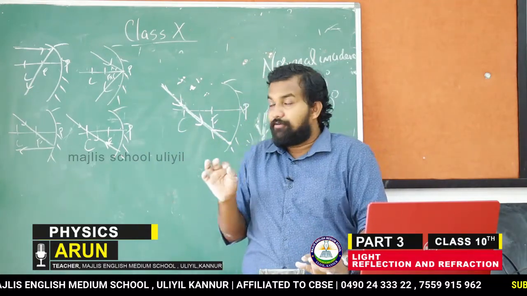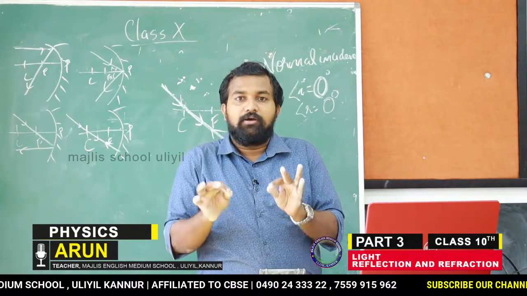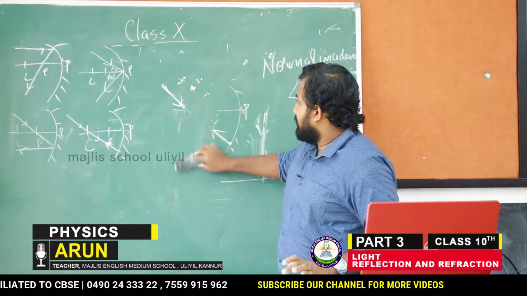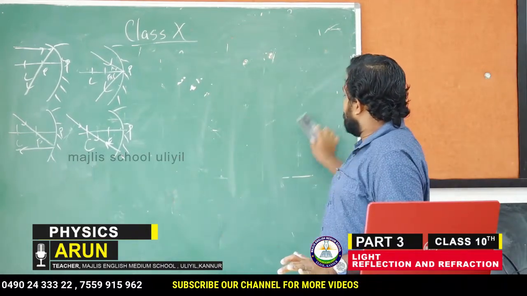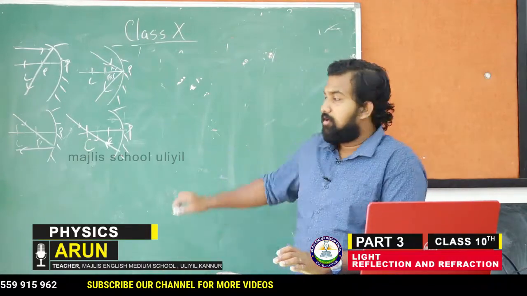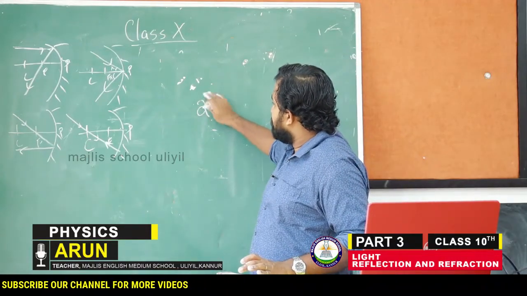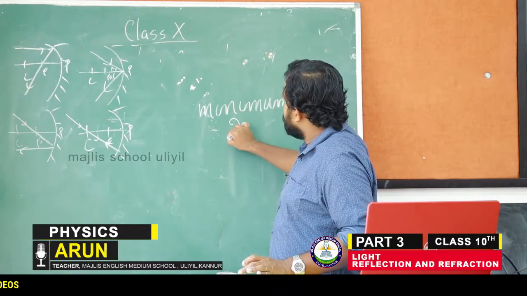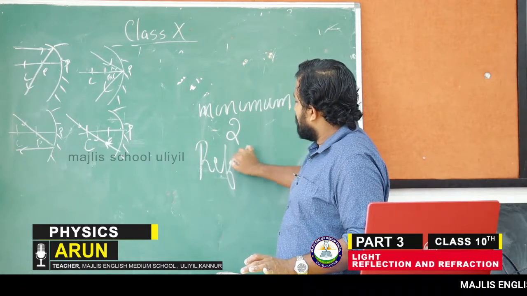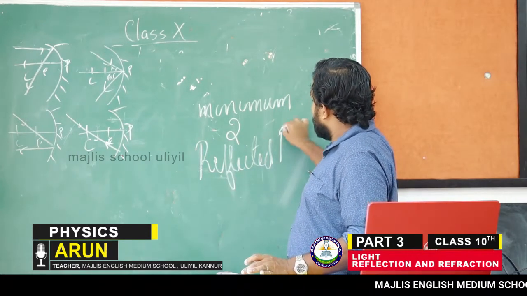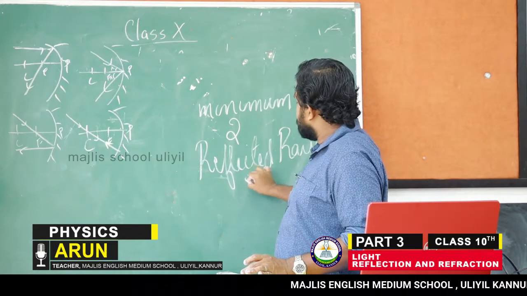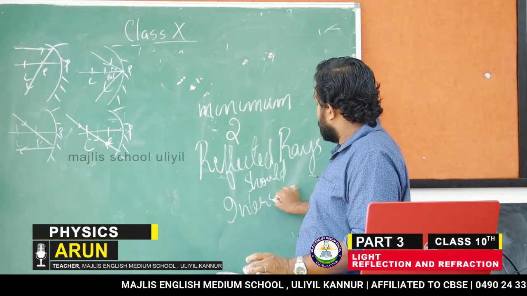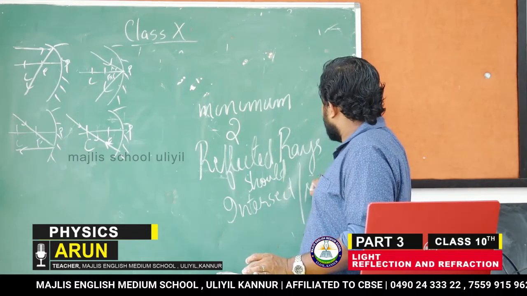What we have to understand is, in order for an image to form, minimum two reflected rays should intersect or meet.